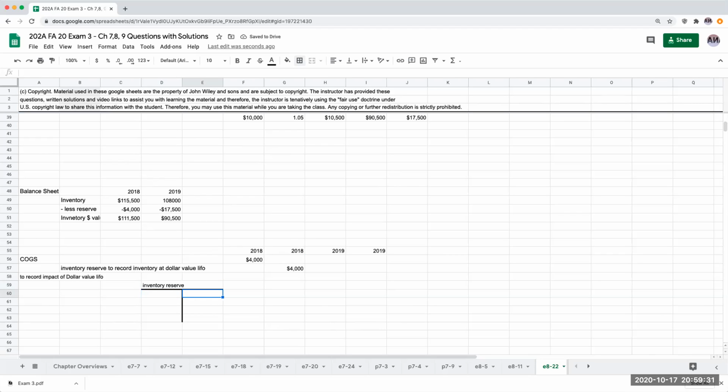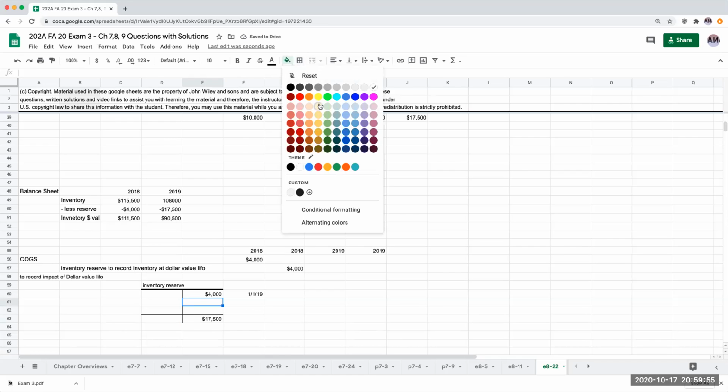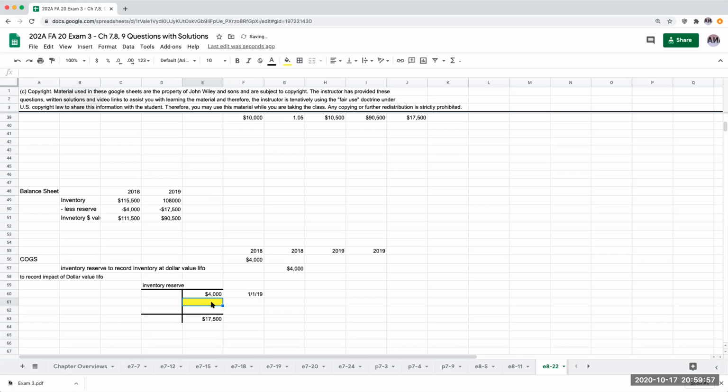My balance at the beginning of 2019 would be the ending balance as of December 31st, 2018, or 4,000. My new balance is going to be 17,500. So my adjustment for 2019 is the difference here, or 13,500.